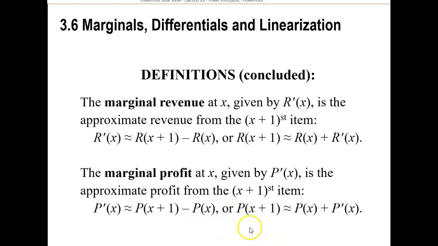So this is profit of x plus 1 items is the profit up to the x item plus the profit of the x plus first item. All right, so anytime they say marginal anything, they mean first derivative, and it's the cost or revenue or profit, whatever you're talking about, of producing the x plus first.